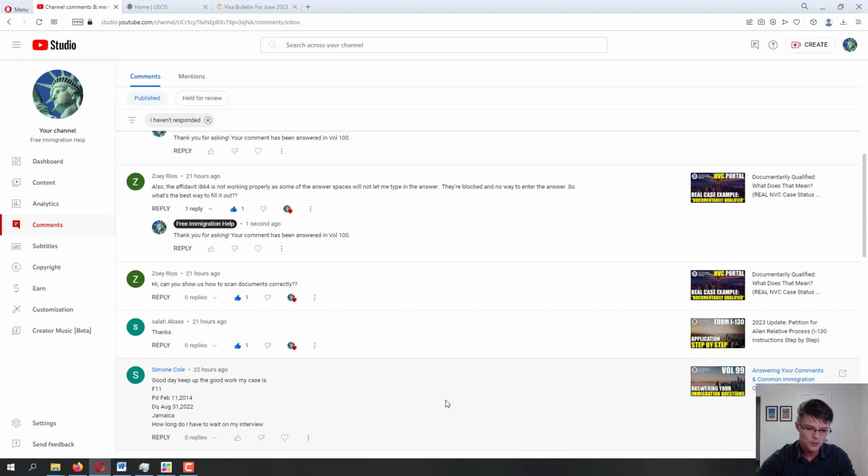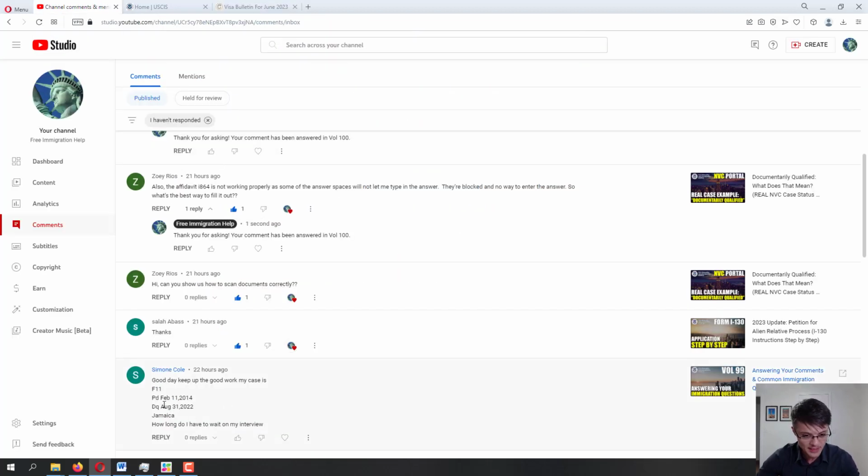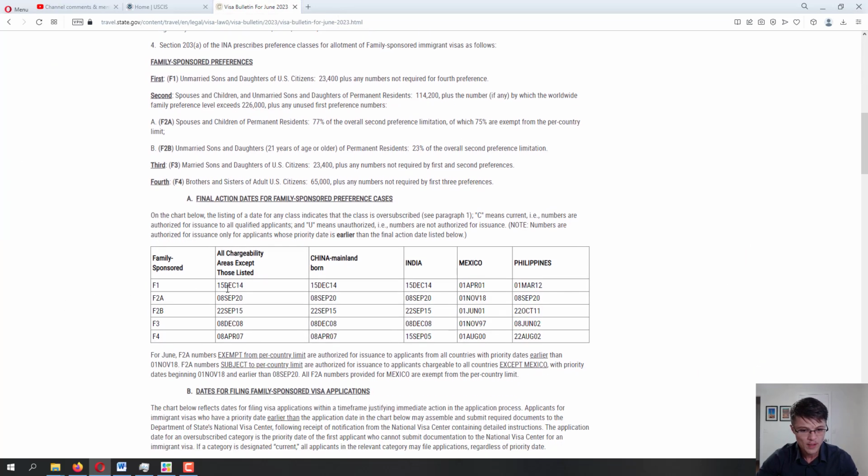Awesome. Let's take a look, Simone. So you have been documentarily qualified already in 2022. That is great. So we're going to be looking at the graph A because the final action was already taken. Final action being the documentarily qualification. Priority date February 2014. So let's take a look. F1 looks like right now December 2014.